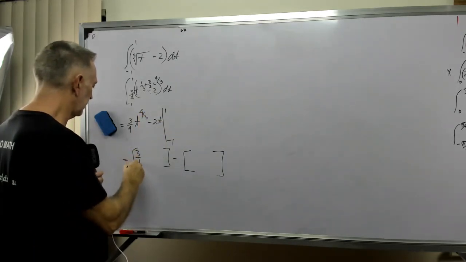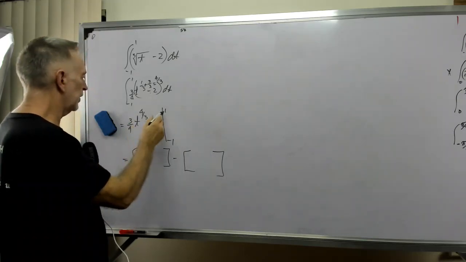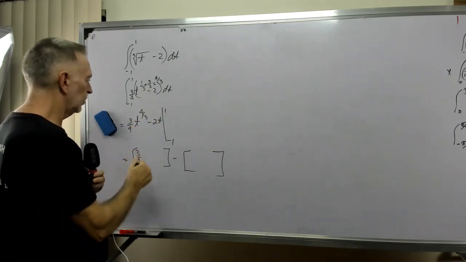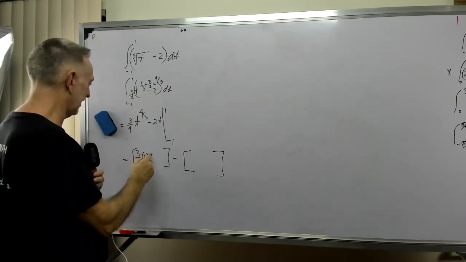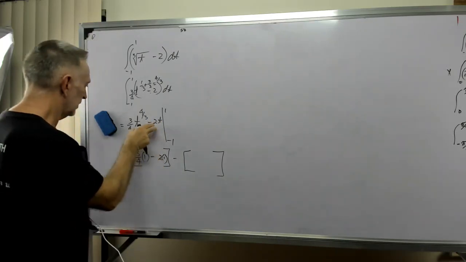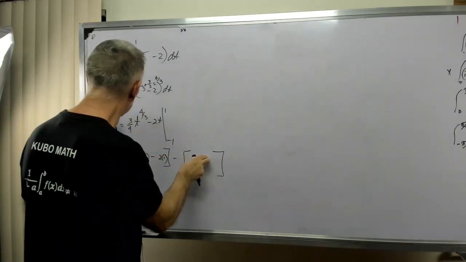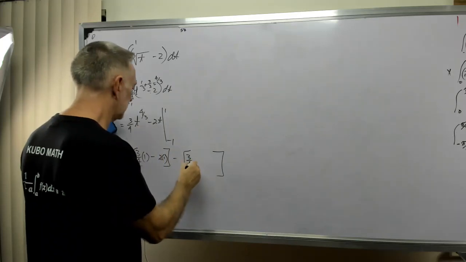All right, we have 3/4 t to the 4/3. 1 to the 4/3. I can do that one. 1. Okay, minus 2 times 1, which is 2. I'll go ahead and put the 1 there. All right, minus 3/4 times -1.